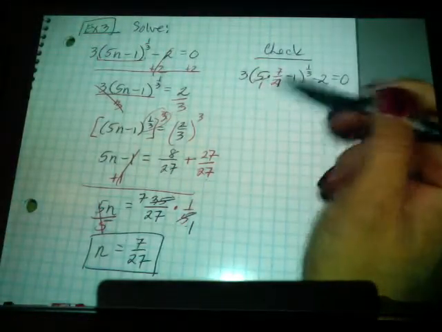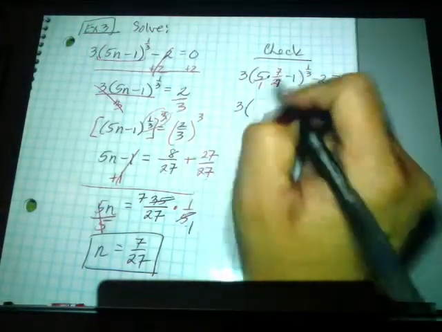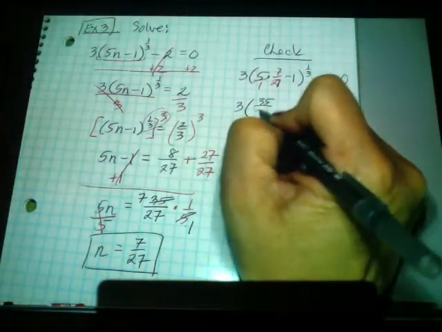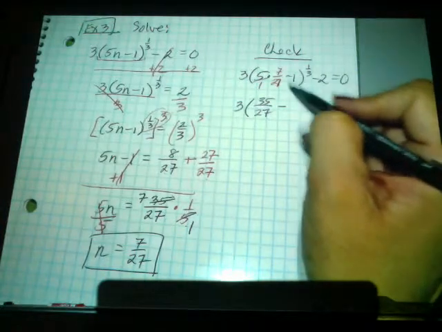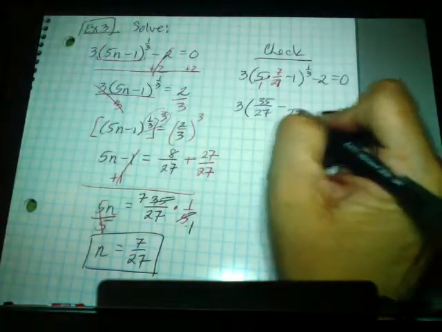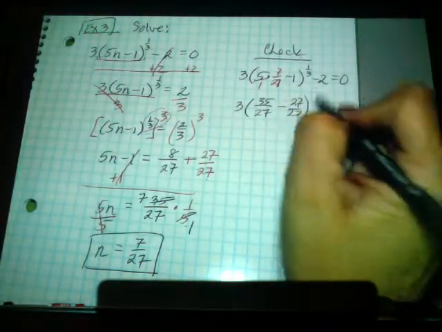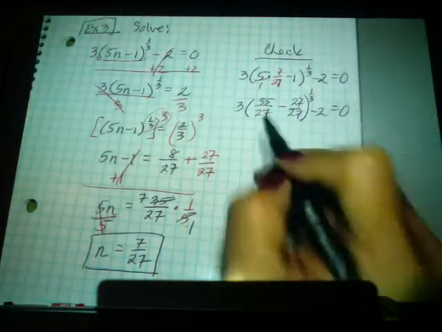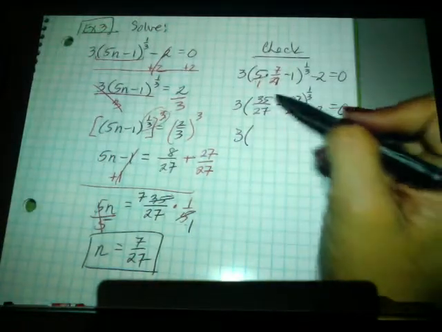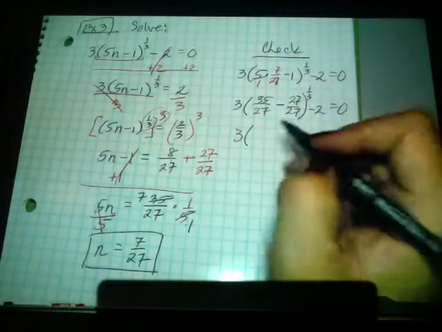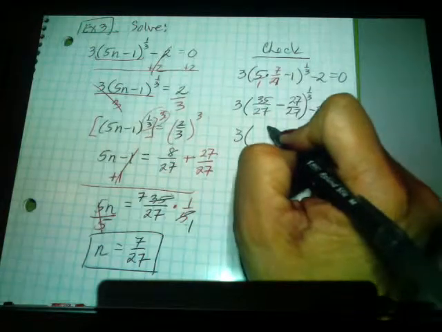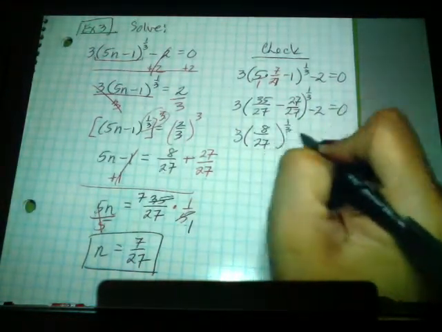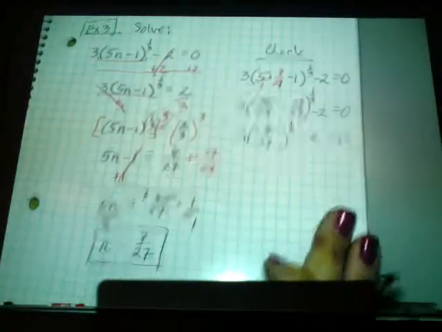So let's do what we can do here. We've got 3 times, nothing cancels, so 5 times 7 is 35 over 27 minus, again I want to make that 1 into something over 27. So wouldn't it be 27 over 27 raised to the 1/3 minus 2. 3 times, what's 35 minus 27? 8 over 27 raised to the 1/3 minus 2 equals 0.